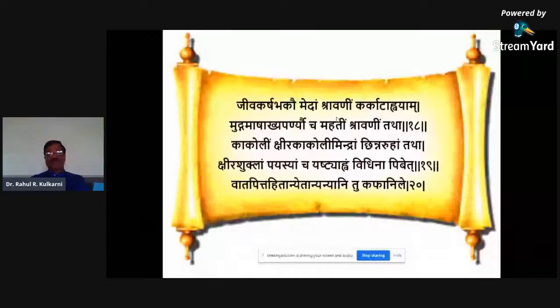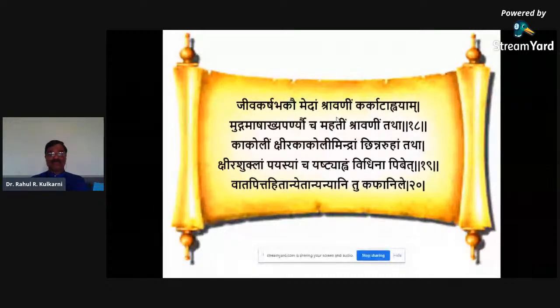Now see what he says: the Katha of Jivaka, Rushabaka, Meda, Shravani, etc., up to Kshira Shukla, Payasya, Cha Yashtyaha, which means Yashti Madhu. Among these, to the Katha prepared as per the method, the churna of Trivrut has to be added and administered for Virechana purpose. As these all have Shita Viryata, and if you administer them, they are going to be helpful in Vata Pitta Janya Avasthas.